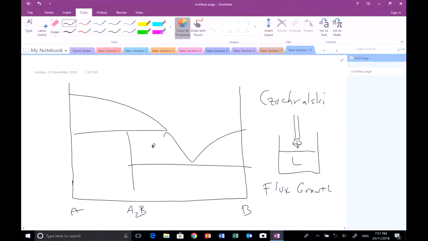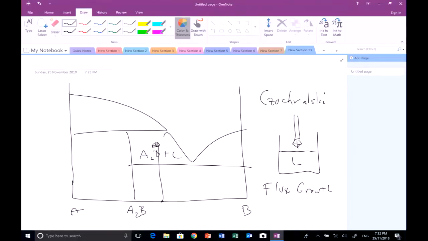What's in this phase field right here? So do I have a region here where I can grow A2B out of the liquid and precipitate those secondary phases? Can I do that? Will that work? Suppose I take the composition, I go off composition, and I told you that the other day. I go off composition, and I heat it into that zone. And what's going to form?